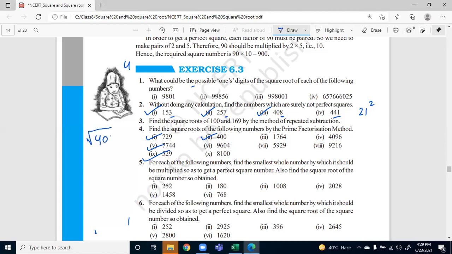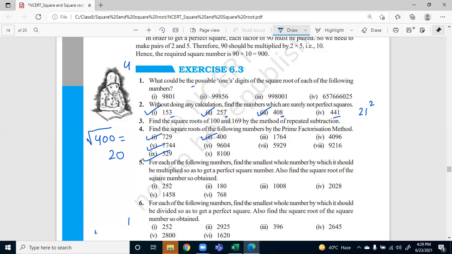Yes. Ma'am, square root of 400 is 20. You are correct. So you have to do the prime factorization and pair them up, and the final answer should be 20. Ma'am, during the prime factorization, there will be 3 pairs. So 2 into 2 into 5, then the final answer is 20.